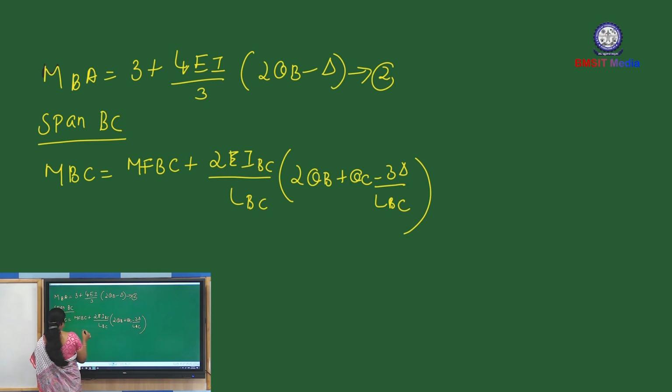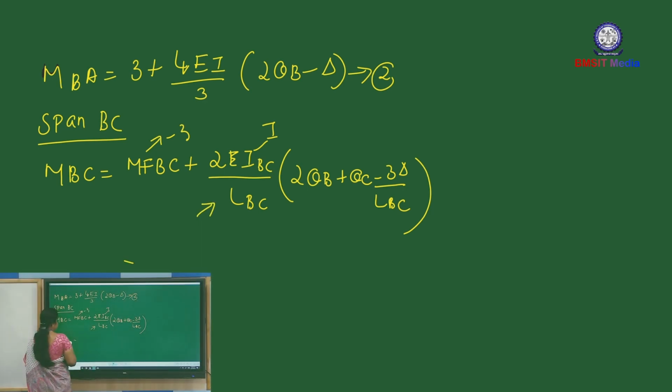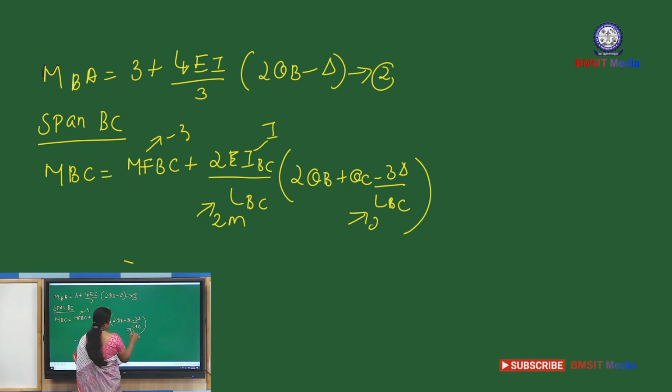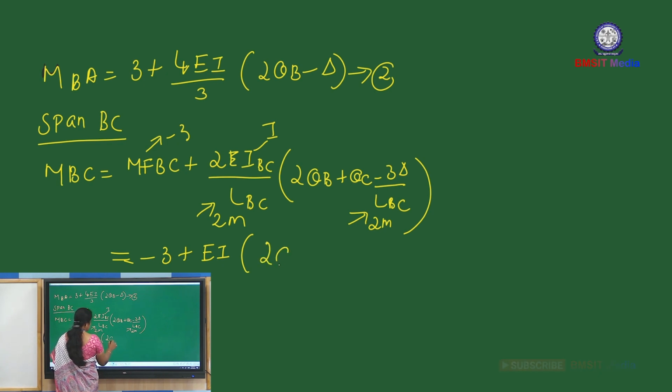So M of BC also minus 3, and the moment of inertia of the member BC equal to I only. Length of the span BC equal to 2 meter, and this is also 2 meter. If you simplify this equation, we can get minus 3 plus EI, then 2 theta B plus theta C.